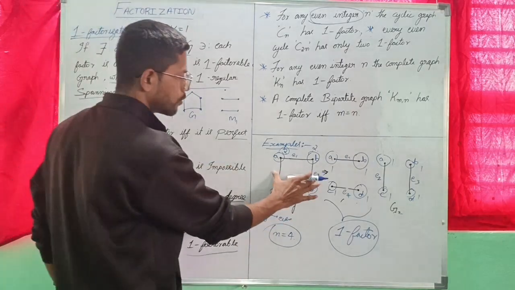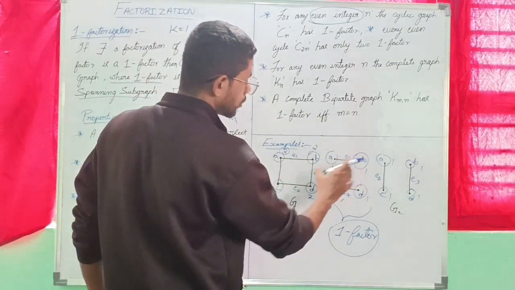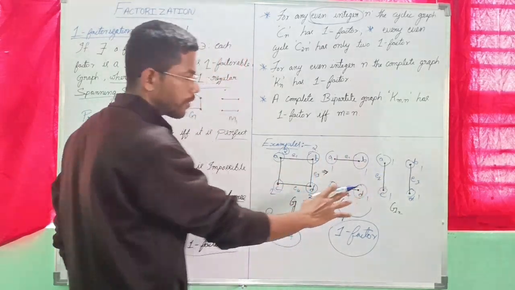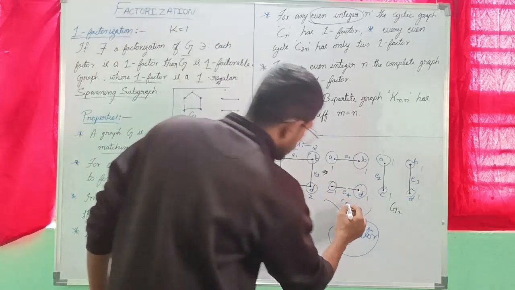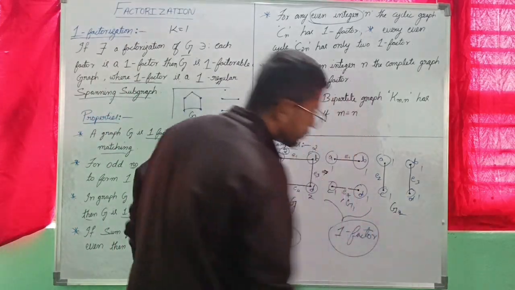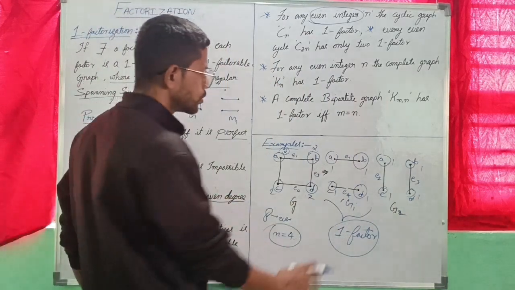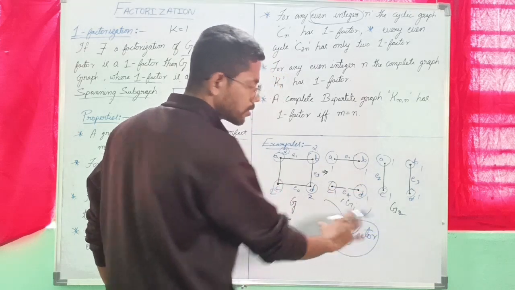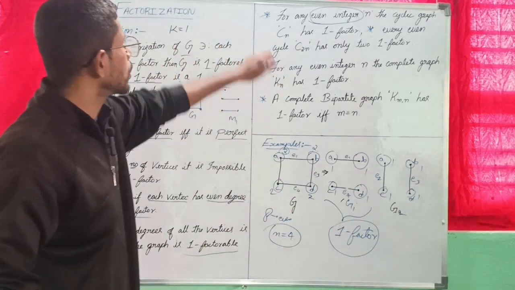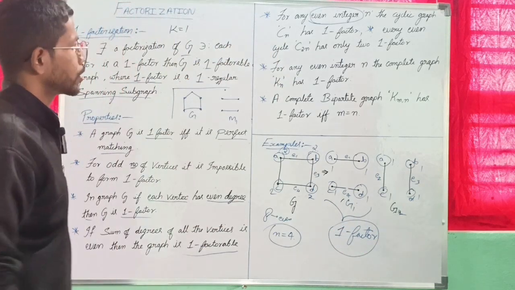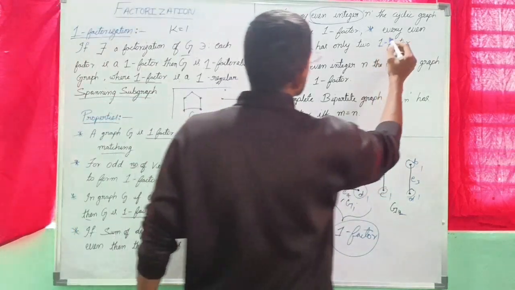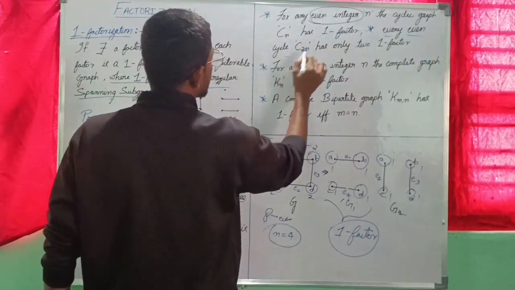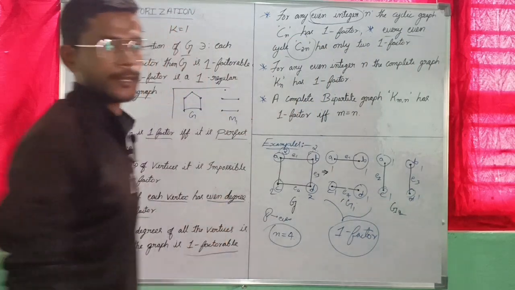We get this graph, and when we decompose this graph G, we get multiple factors, G1 and G2, right? So each factor is a one factor.